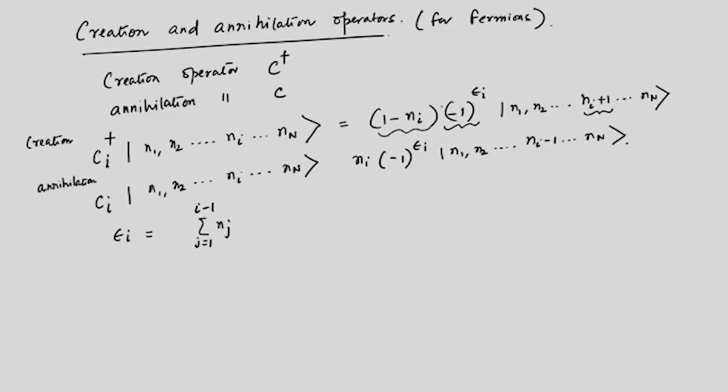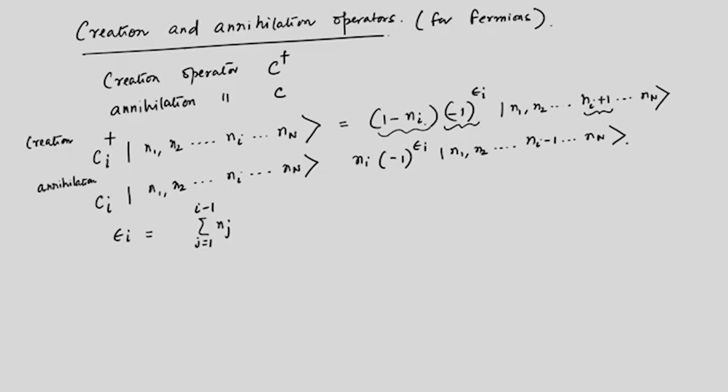Okay. So, epsilon_i, which is in the exponent of this (minus 1) whole to the power epsilon_i, takes care of the swapping of the particles. Okay. And this (1 minus ni) in the expression for the creation operator ensures that if the particle already has an occupancy, that is, if an electron is already sitting in this state, then no more addition is allowed.